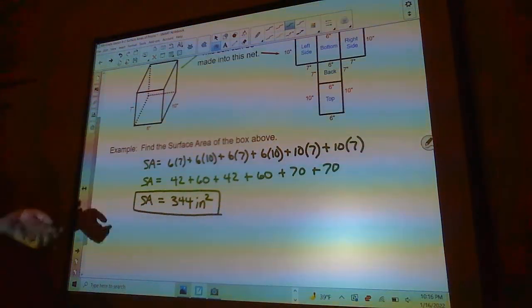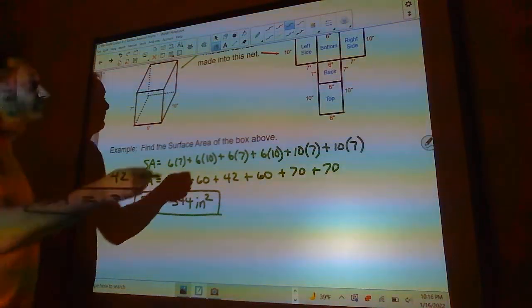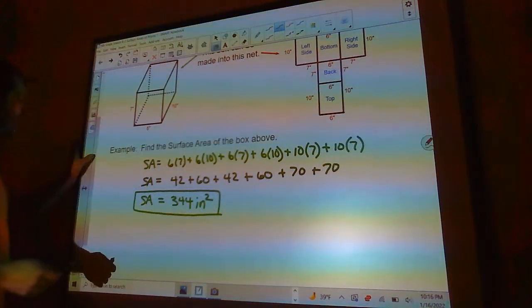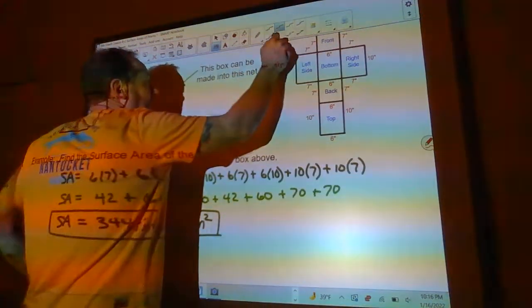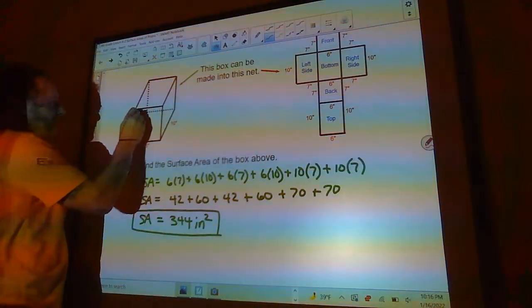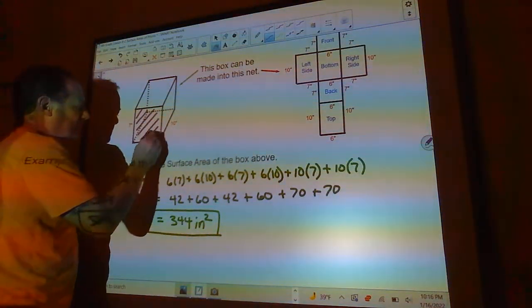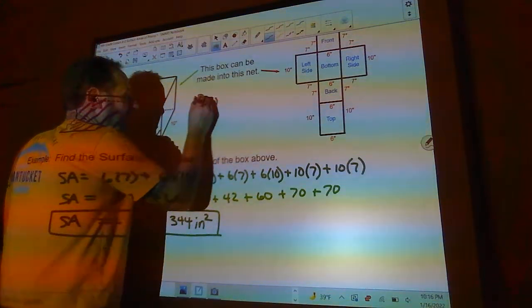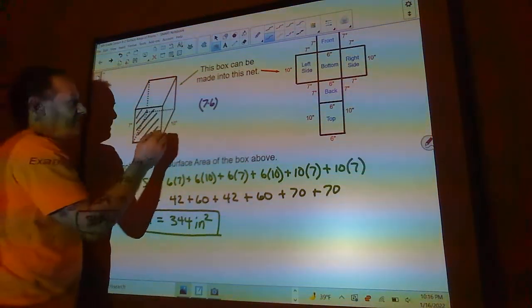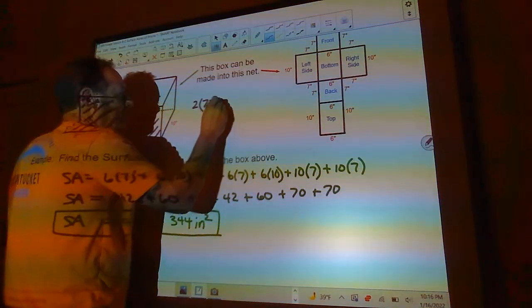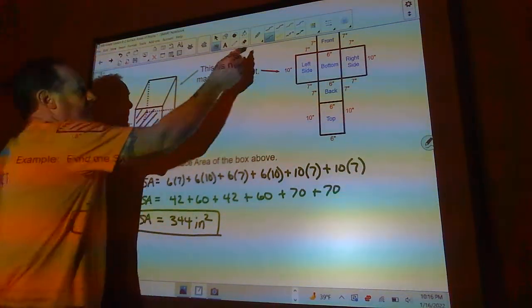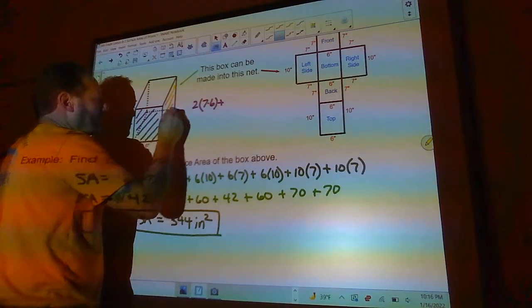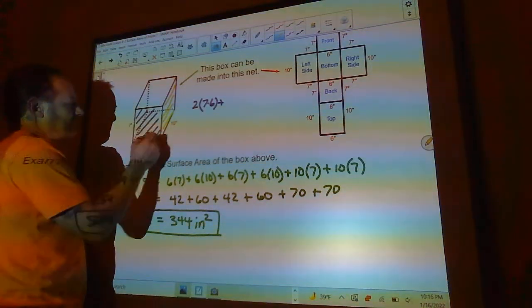Okay. Now another way you can do it, if you prefer, is you can just look at the box here and say, let's see, this front face right here is 7 times 6, and then there's 2 of those that are identical, the front and the back, and then this right side over here is going to be 7 times 10.